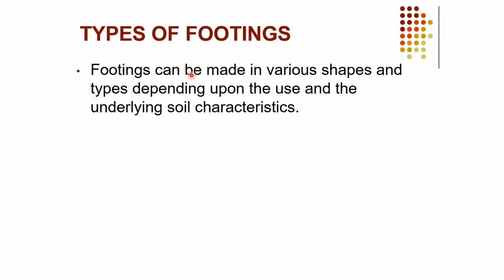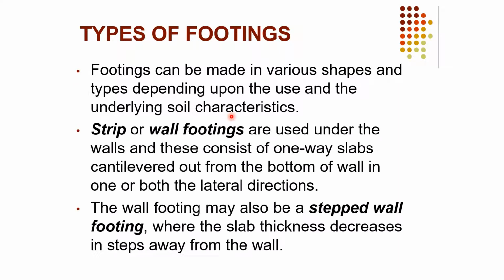Types of footings. There are various types. I will discuss them one by one. Footings can be made in various shapes and types depending upon the use and underlying soil characteristics. Strip or wall footings are used under walls, and these consist of one-way slabs cantilevered out from the bottom of the wall in one or both lateral directions.